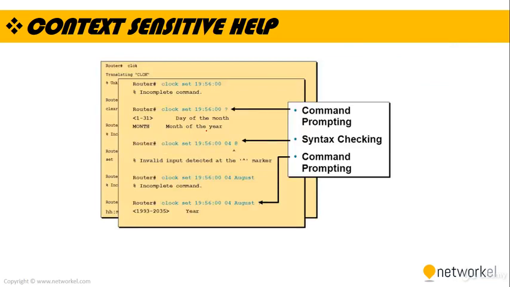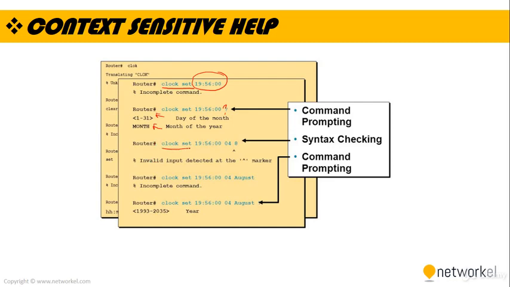So let's go ahead with the context-sensitive help. For example, we type clock set and then the question mark. If we hit the question mark again, it's also telling us that we can use the day of the month or we can type the month keyword.